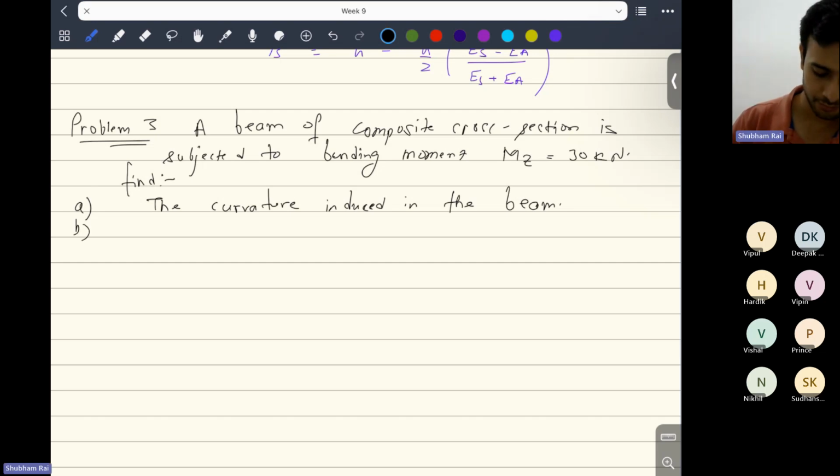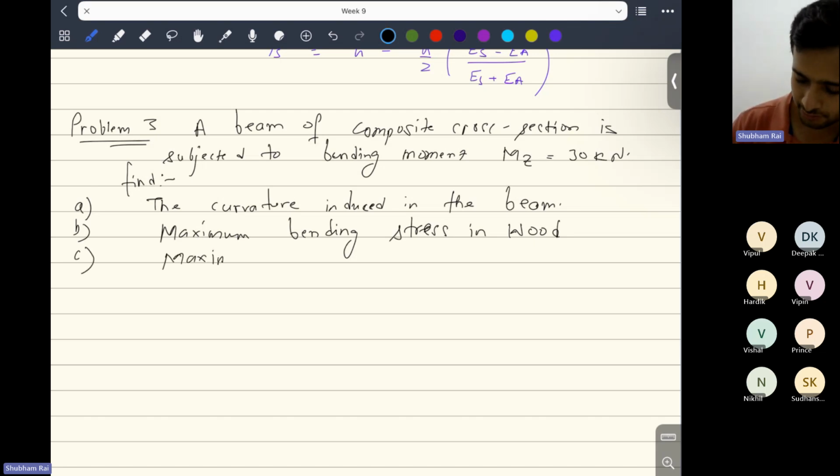In the second part, you have to find maximum bending stress in wood, because that one material will be wood. Third part, you have to find maximum bending stress in steel. The second material is steel.